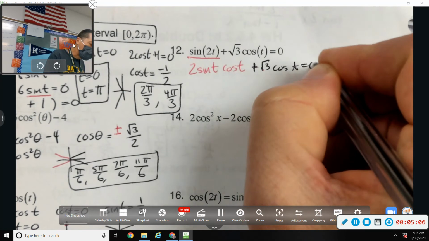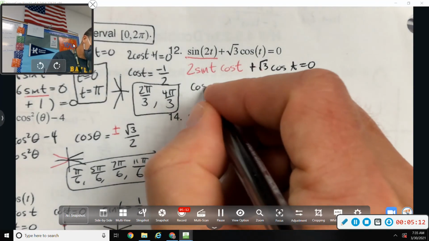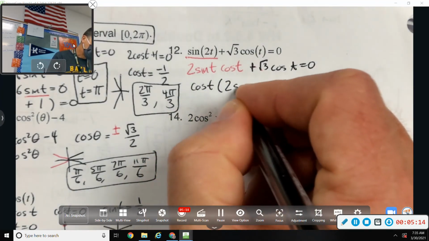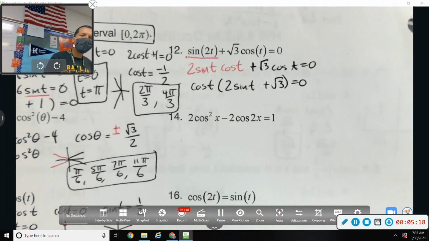Really similar now because I can factor out the cosine of t. And that leaves 2 sine t plus square root of 3. Set each of the factors equal to 0.